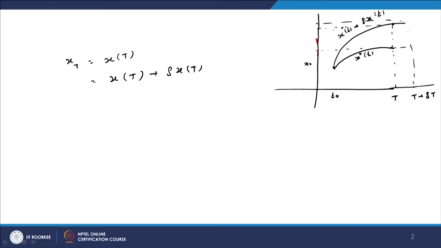There is another thing, which is x suffix T plus del x suffix T. That is, the final position of x star is x suffix T, and x suffix T plus del x suffix T is the actual final position of the incremented function x star plus del x star. So, we have 3 values here.